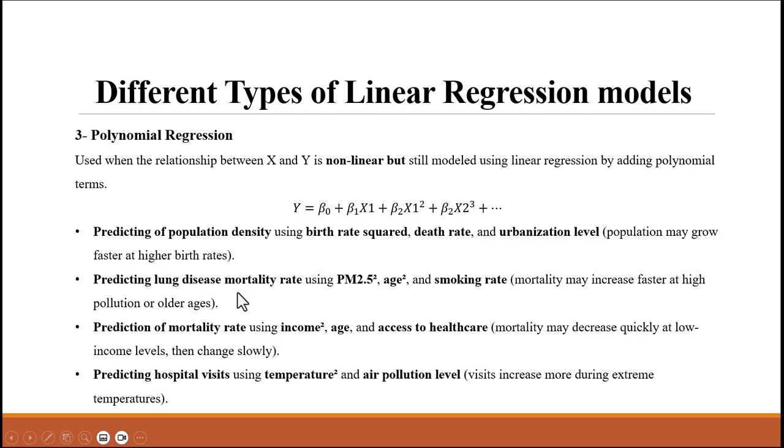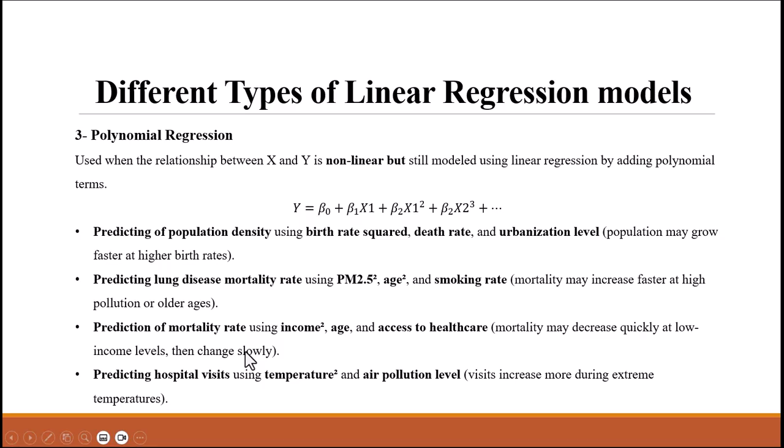Or predicting lung disease mortality rate using PM2.5 squared, age squared, and smoking rate. Mortality may increase faster at higher pollution or older ages, so we have power 2 for both of these independent variables.